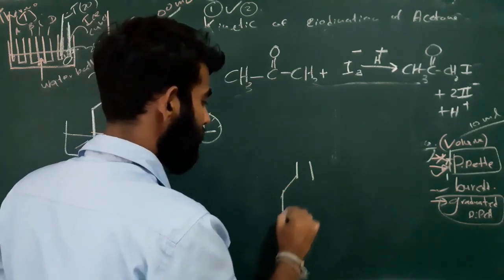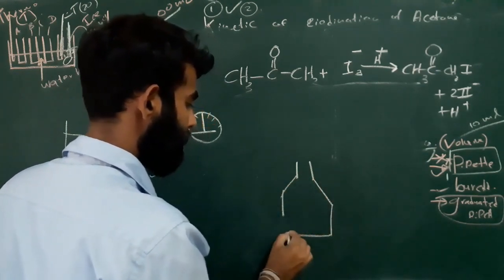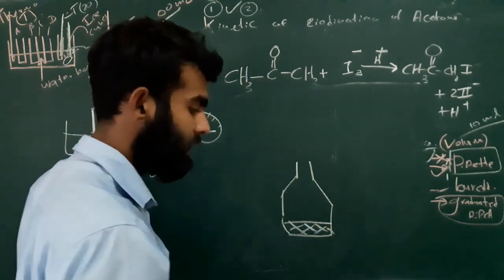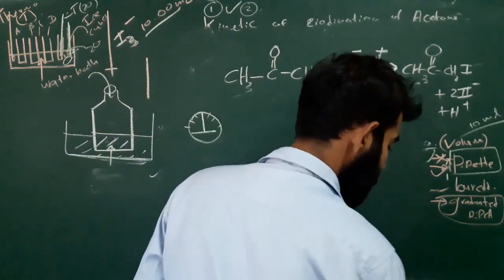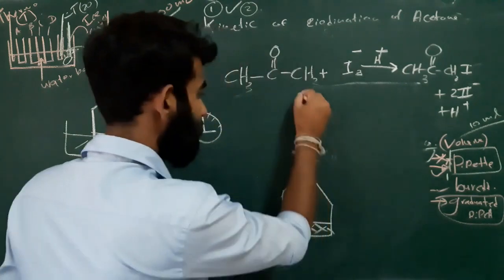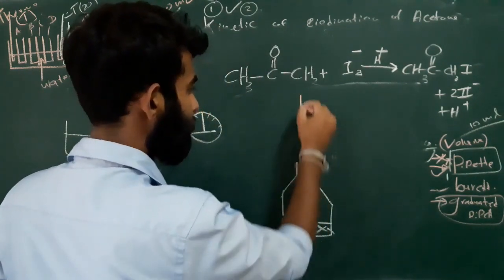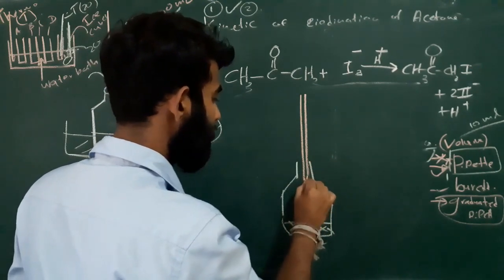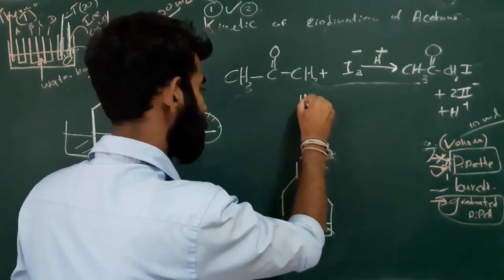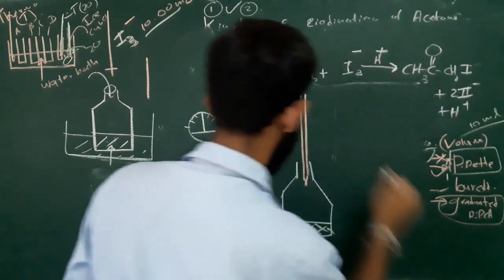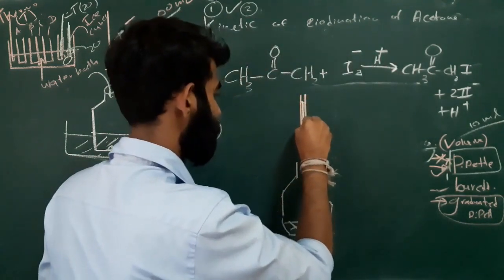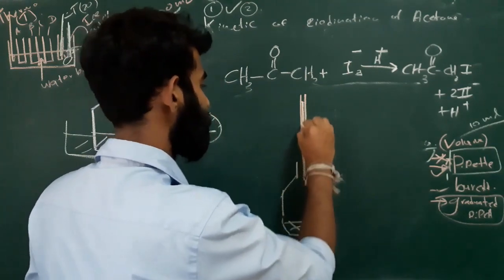So this is your reaction mixture. Actually not a reaction mixture, this is not reacting now. After adding iodine it will react. Here is iodine in your 10 ml pipette. Here your iodine.